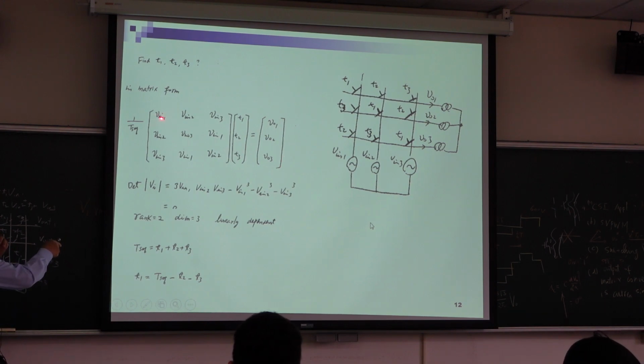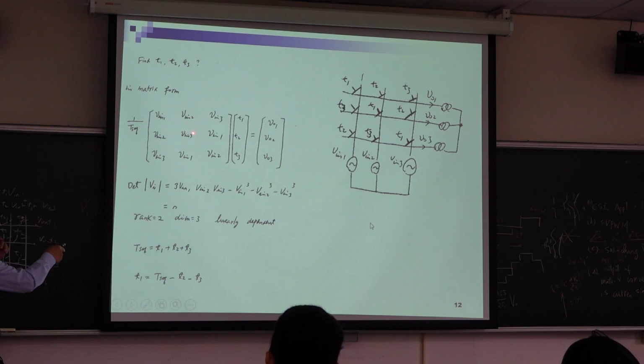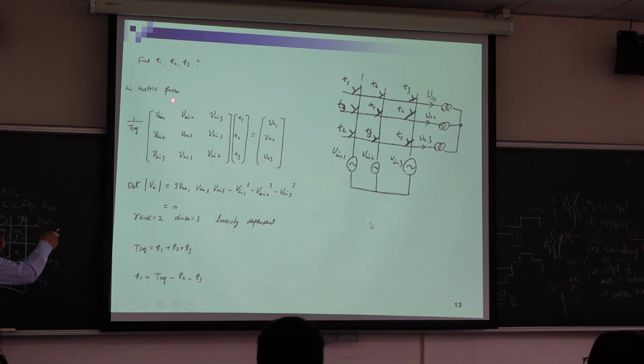We know V1, V2, V3. This is 220, 220, 220. This is A phase, B phase, C phase. So these are known. Then what do we need? We need to calculate what value of T1, what value of T2, what value of T3, right?